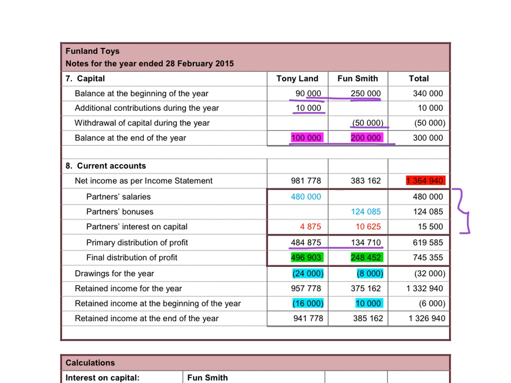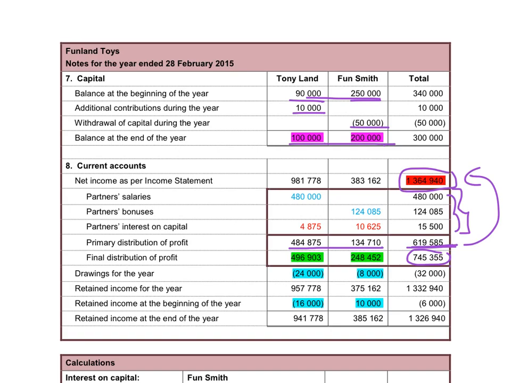Then we add the two together to get the total subtotal, and if we subtract that from the profit that we calculated, we will determine the amount that must still be paid to the partners. So first of all, we calculate the subtotal for the three expenses, subtract this from the total profit to determine what is the amount.